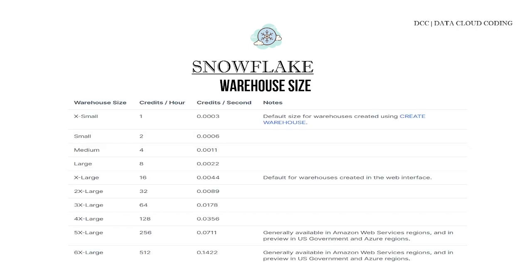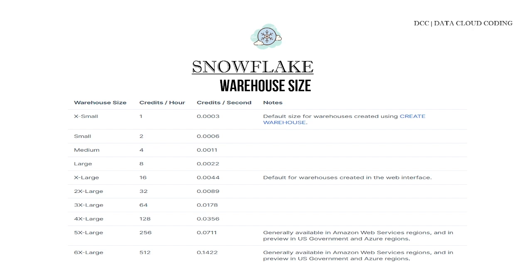If we look at the screen, we can see the various virtual warehouse sizes Snowflake provides to us, ranging all the way from extra small to 6 extra large. Side by side, you can see the amount of credits per hour consumed by each.